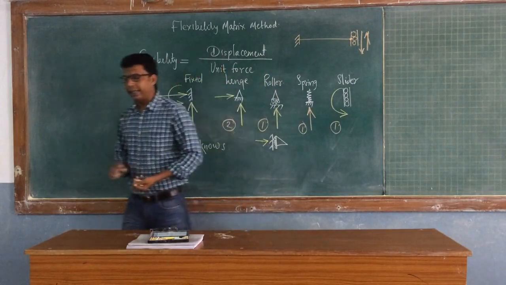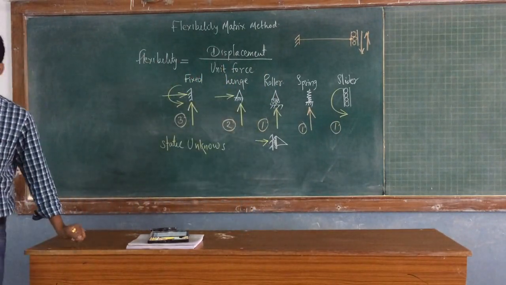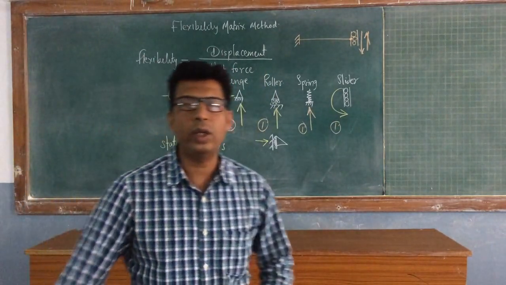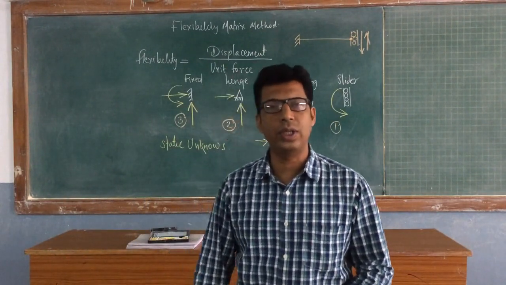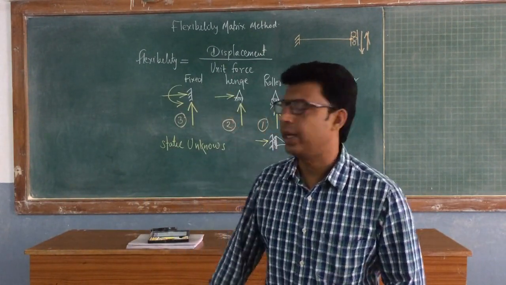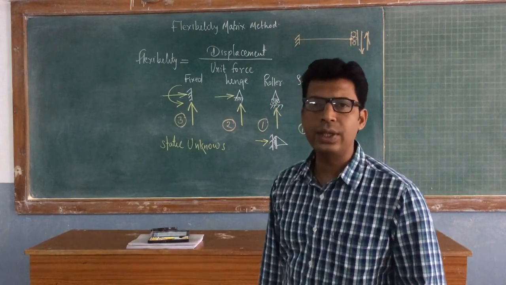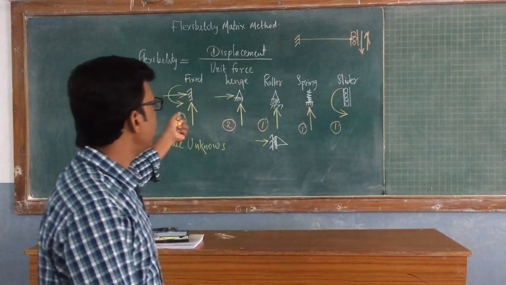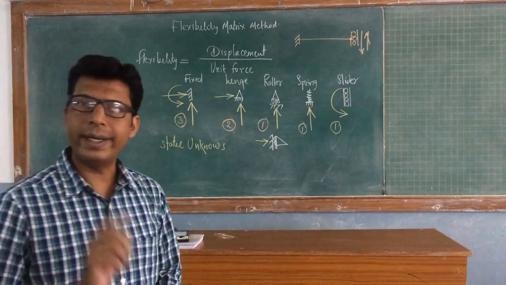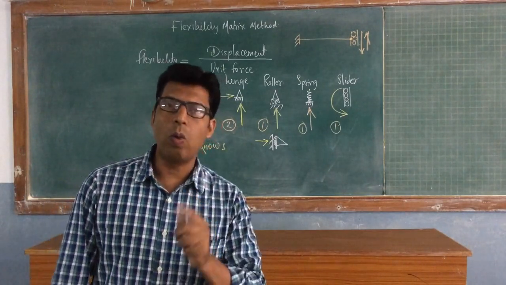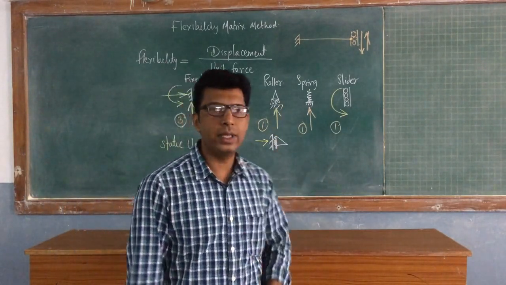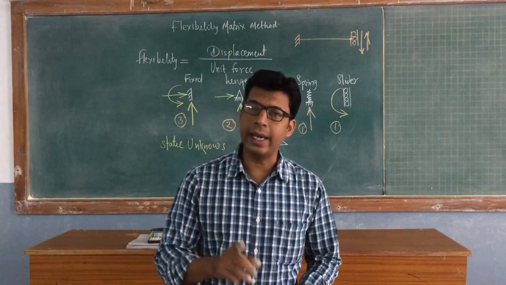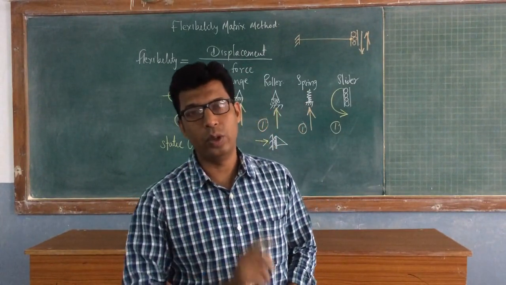So remember the static unknowns for the different support conditions. These supports we are going to use in beam and frame structures in the next sessions. Fixed support, 3 reactions; hinge support, 2 reactions; roller support, 1 reaction; spring support, 1 reaction; and guided support or slider, 1 reaction, but it is a moment, don't forget.